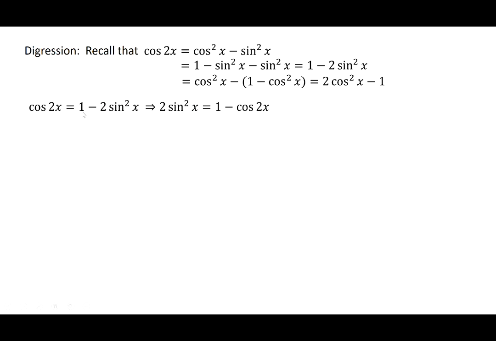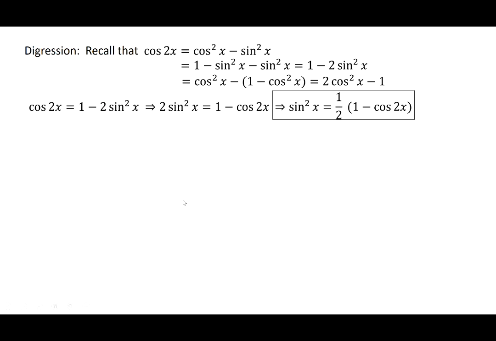Subtract cosine 2x from both sides, add 2 sine square x to both sides, and divide both sides by 2, and you end up getting sine square x is 1/2 times (1 minus cosine 2x). That is a very important thing that you need to memorize. If you cannot memorize it, at least be able to derive it quickly, like how I have shown there.